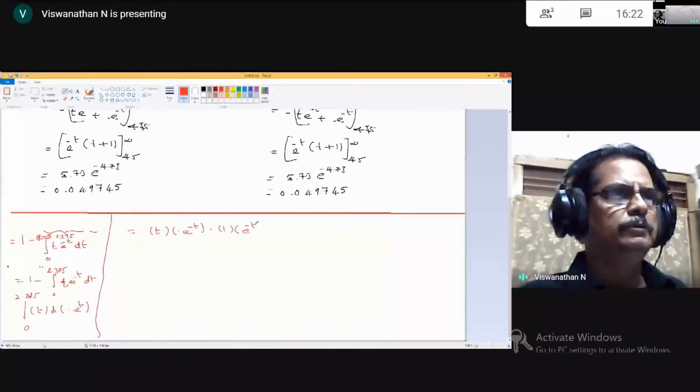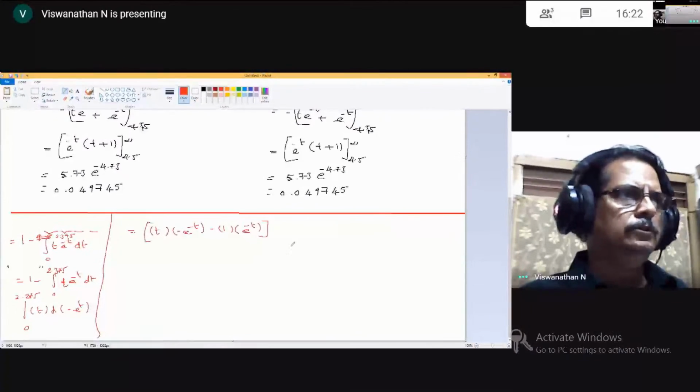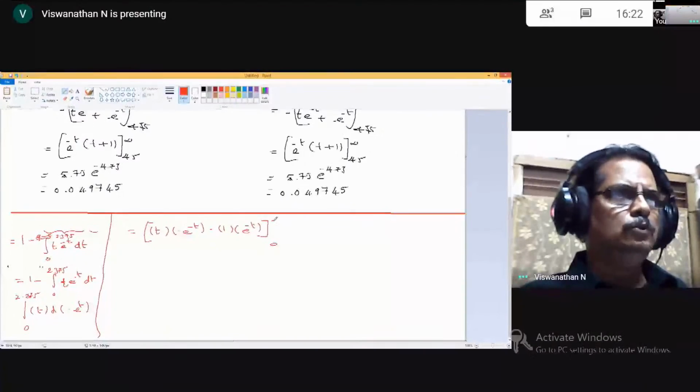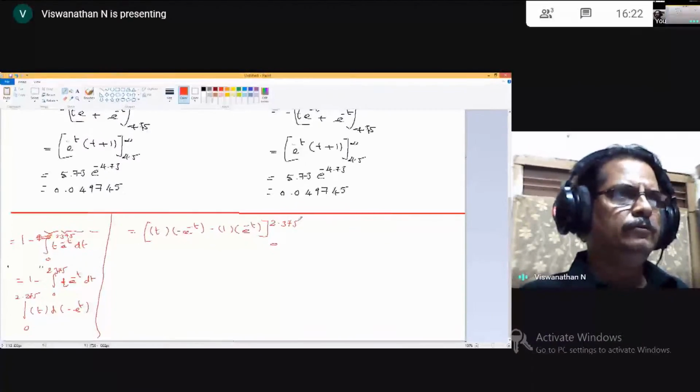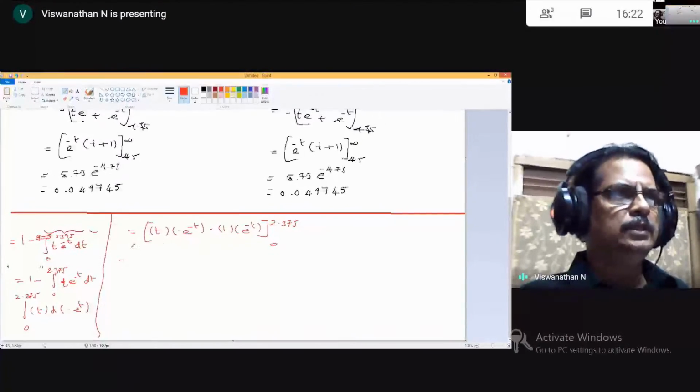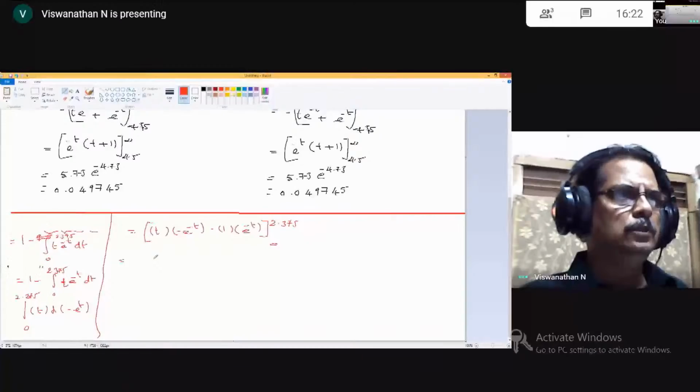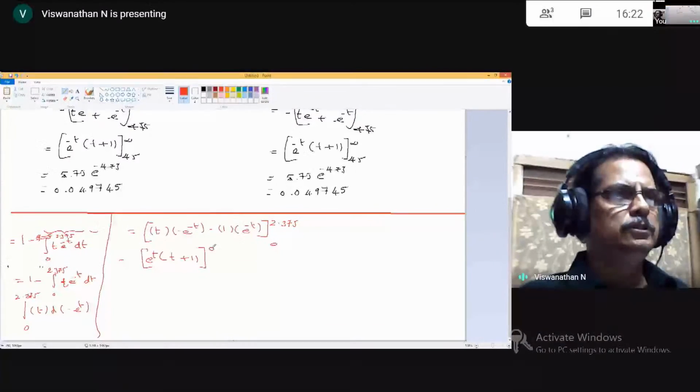Both terms have a minus sign, so I take out e power minus t and get t plus 1, with the limits 0 to 2.375.